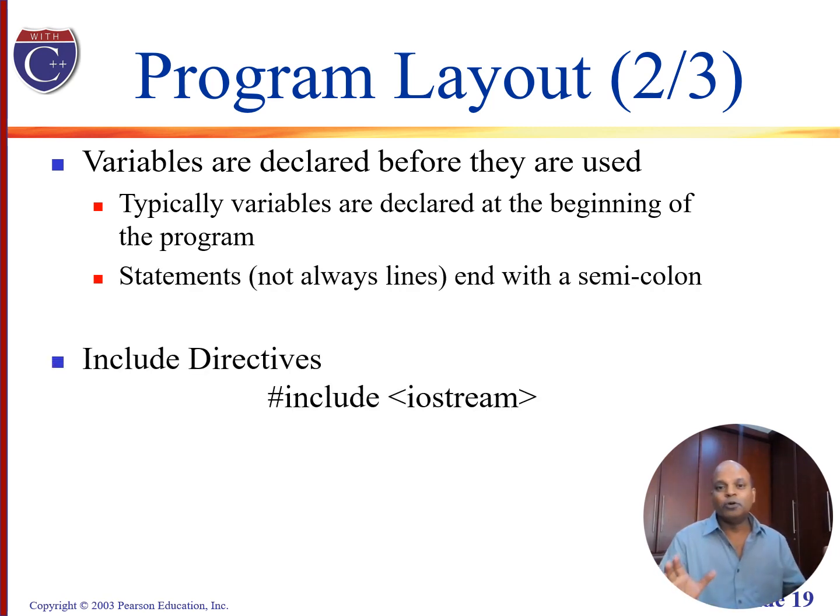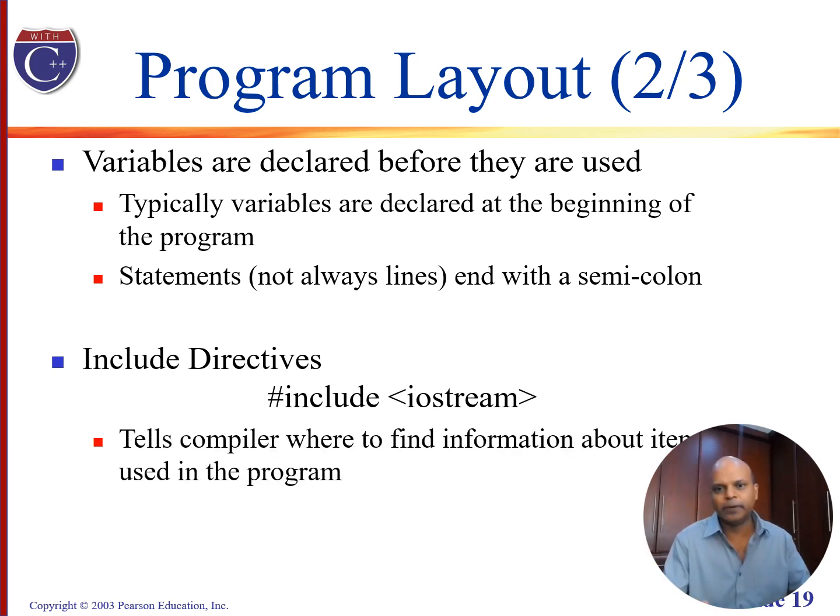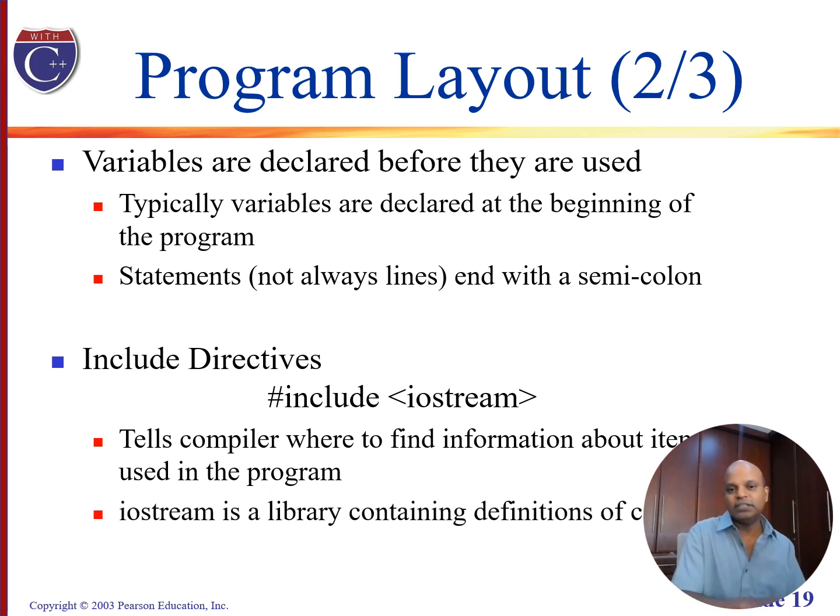So the important point is we declare a variable before we use it. I'm going to have a program now. There's that include iostream, include directives. It tells the compiler where to find the information about the item that we are going to be using. So let's say, for instance, namespace. I want to include using namespace.